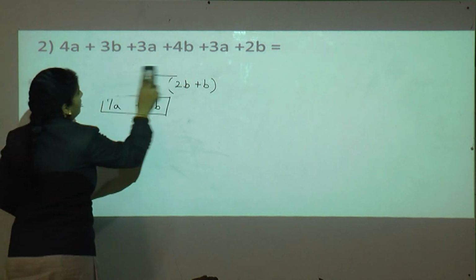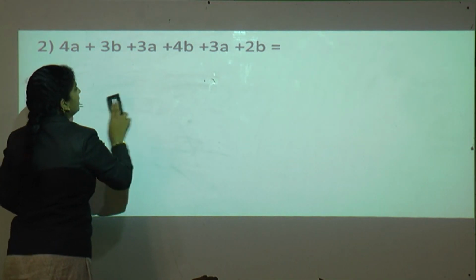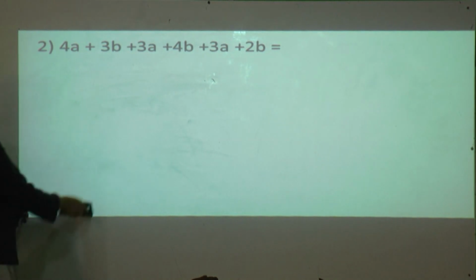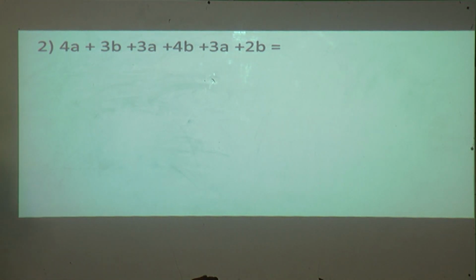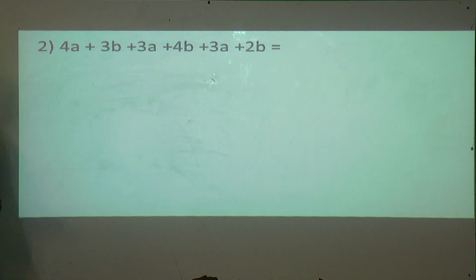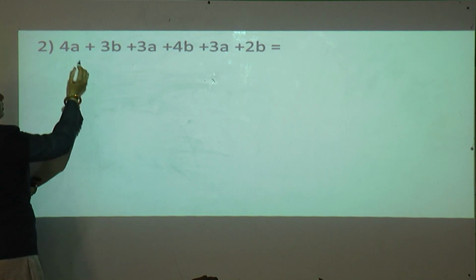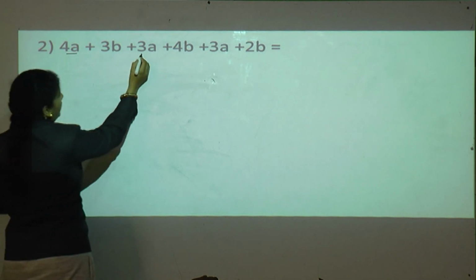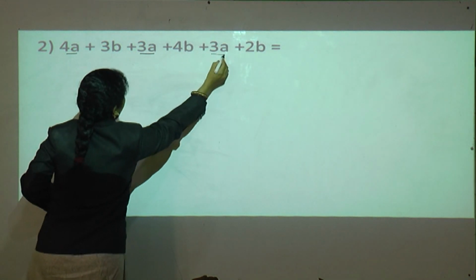here 4a plus 3b plus 3a plus 4b plus 3a plus 2b. Students, what to do now? Tell me the answer. Yes, make a group of like terms. So we will see first 4a here and here.